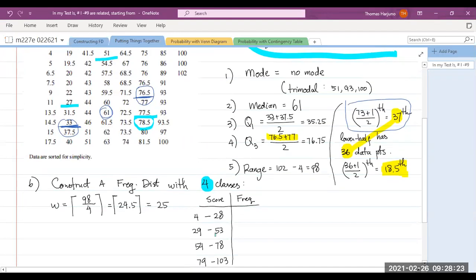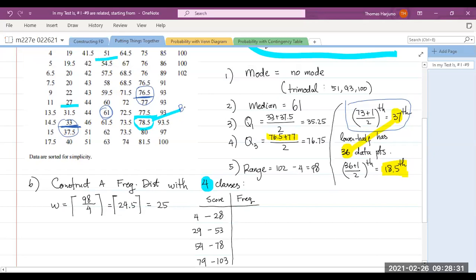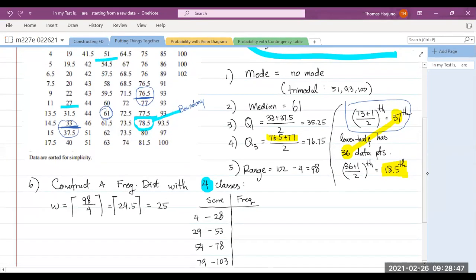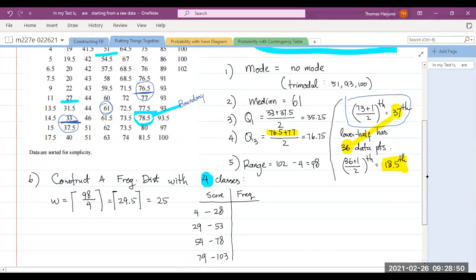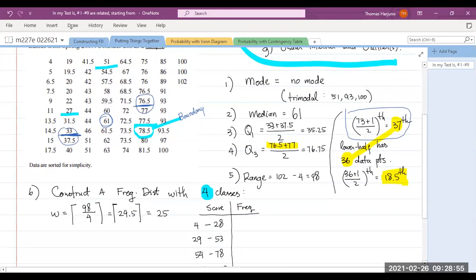It's right in the middle. See, that's the boundary. Right at the boundary. Now, if it is right at the boundary, you count it in the next class.